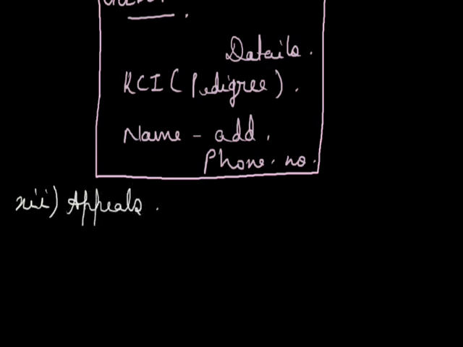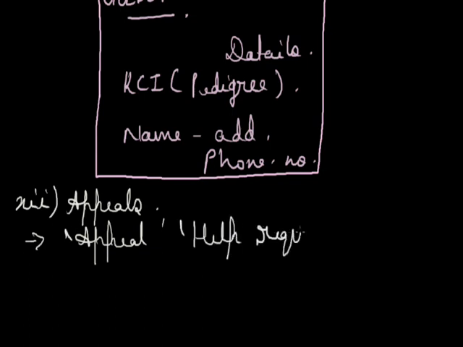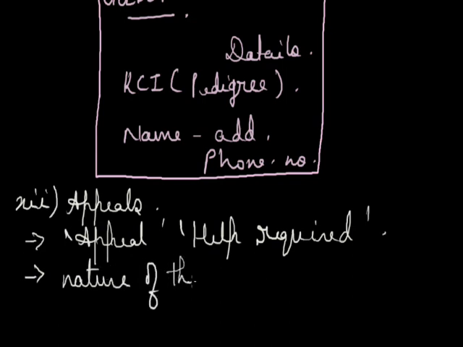Coming on to the next, that is the 12th point, appeal. The important point for this type is that you have to begin with the word appeal, or you need to begin with the words help required. Second thing is you have to specify the nature of the appeal.